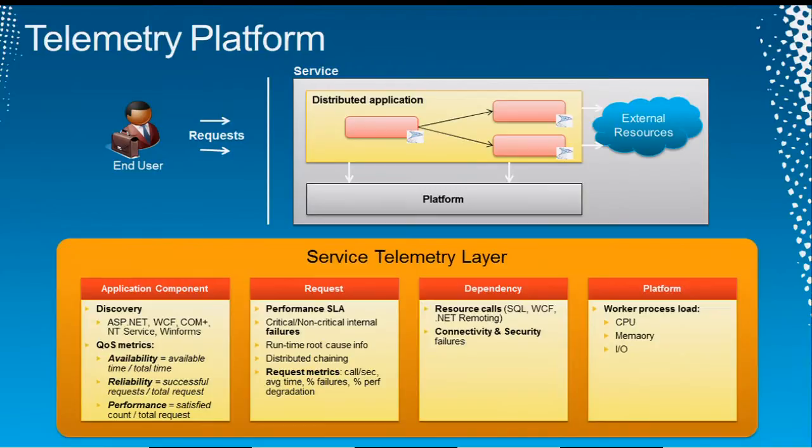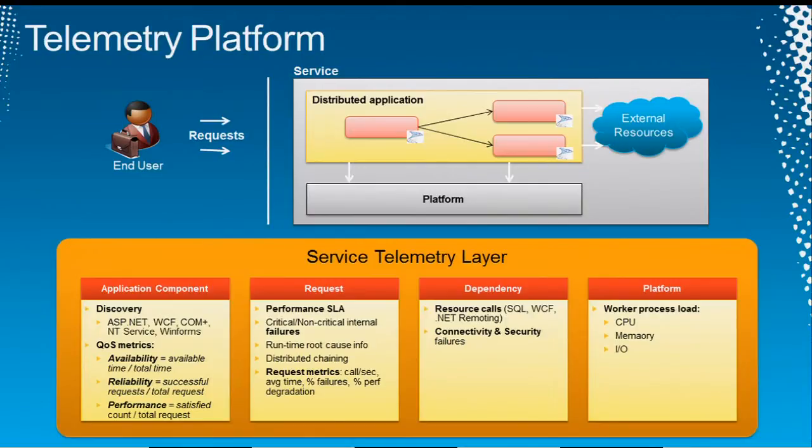And for all those requests, we are capturing metrics: throughput, your calls per second, average execution time, percentage of performance failures below a certain SLA, and percentage of exceptions. Then we have a special treatment for certain requests that are going against what we call a dependency.